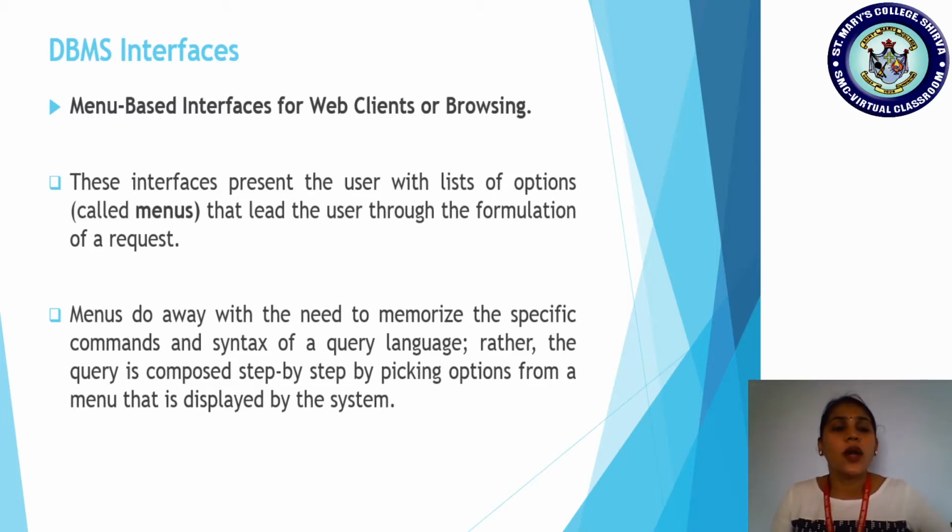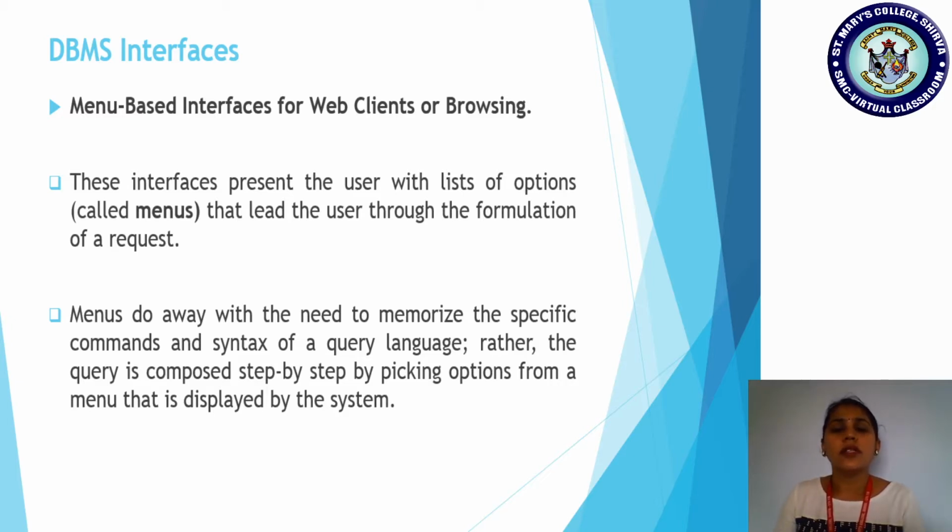So for such types of clients or users, we have menu based interface, and we all are familiar with the menu based, that is the graphical user interface, where you have a menu bar. From the menu bar you will be choosing the respective menu, sub menu, and you will be getting a drop down list, right? Yes, these interfaces present the user with a list of options and we call them menus.